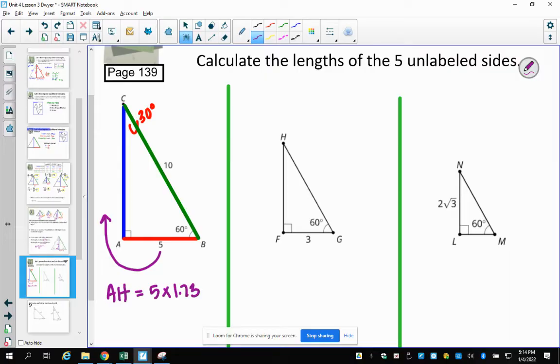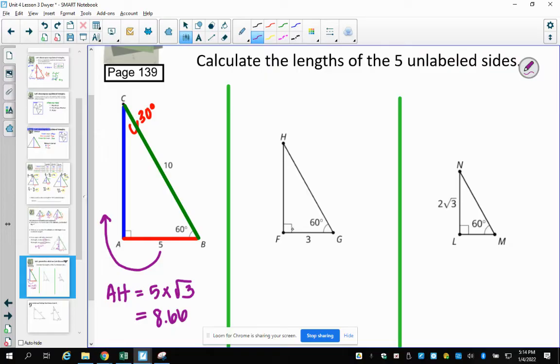We take that short leg and multiply it by 1.73, or by the square root of 3 for an exact answer. We should probably put in square root 3 since we're using calculators. So type in 5 times the square root of 3, and you'll get 8.66 or 8.7.